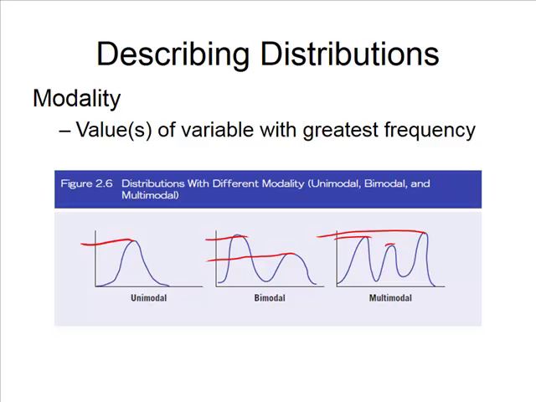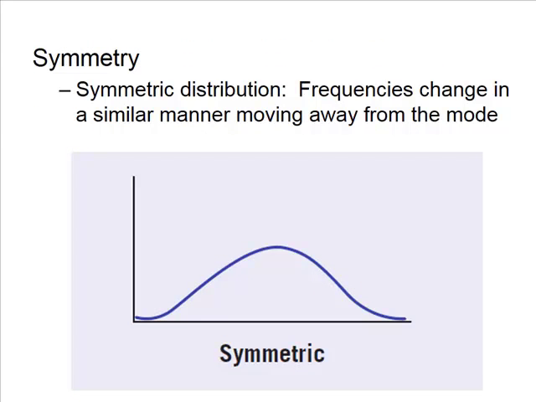If it's bimodal, two peaks, and multimodal means many peaks. We can also look at the distribution not only for the number of peaks or humps that it has, but also for the shape of it. Is it a symmetric curve? If something is symmetric, when we fold it in the middle on itself, it has the same shape.